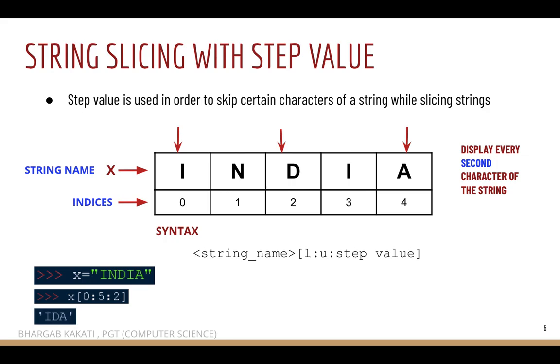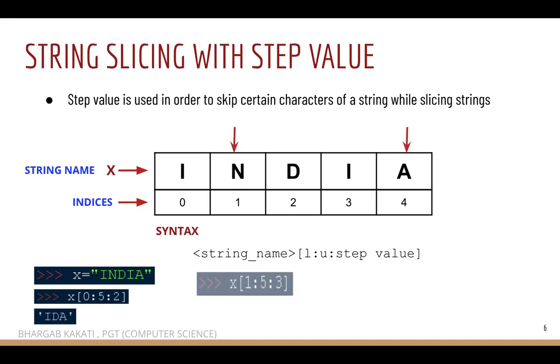I, D and A. Now, if I want to display N and A, what will be the formula for doing that? x, that is the string name, then within the third brackets 1, that is the lower limit, : 5, that is the upper limit, : 3. Why 3? Because I have skipped 3 characters in between. It means to display every third character of the string. So I'll get the result as N, A.